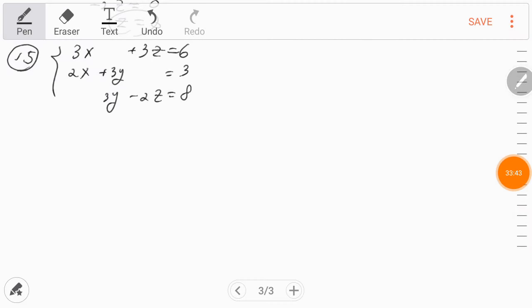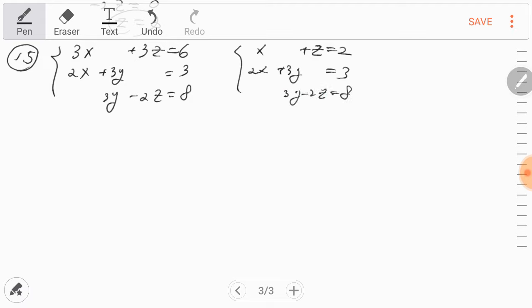Okay, number 15. The first equation is divisible by 3, so why don't we rewrite it? Divide the first equation by 3, then x plus z is equal to 2. The second equation is the same, and the third equation is also the same. From the first equation, why don't we get rid of the 2x, the x term in the second equation?